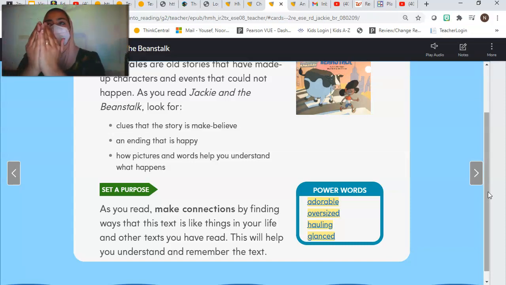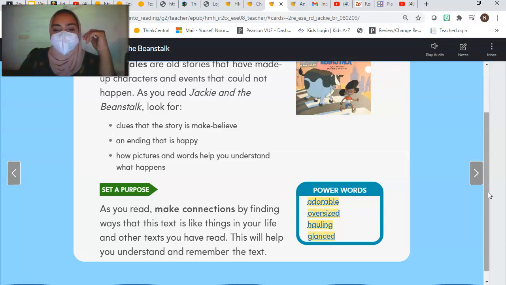That's when the story reminds you of something you've seen out in the world, when you're traveling, on the news, in a newspaper. So just by looking at the cover page, we can make a text-to-text connection, right? This story connects to the Jack and the Beanstalk story. That's a text-to-text connection. Let's talk about some vocabulary words.